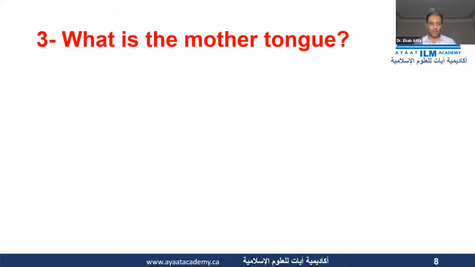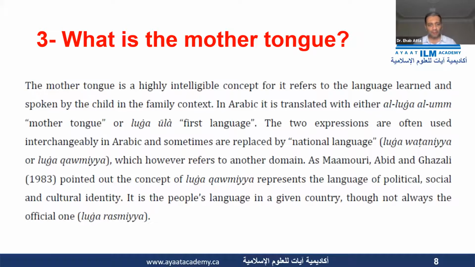And then let's go to the definition of the mother tongue. What is the mother tongue? The mother tongue is a highly intelligible concept, for it refers to the language learned and spoken by the child in the family context.